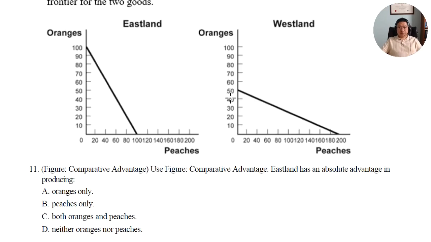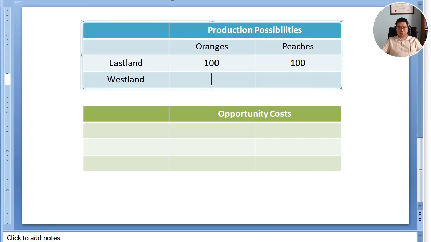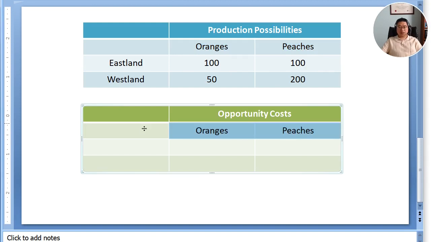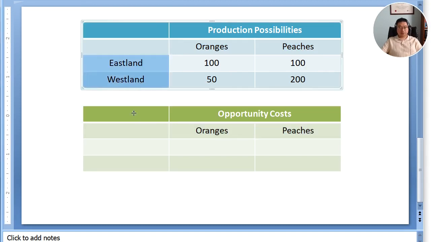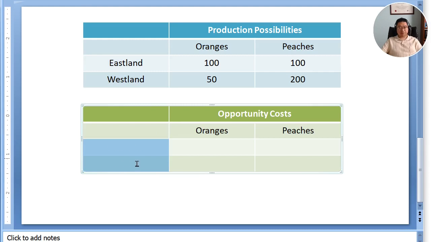50 boxes of oranges and 200 boxes of peaches. So 50 and 200. Still regular color. Now I'm going to calculate the opportunity costs, based on the information that is given.